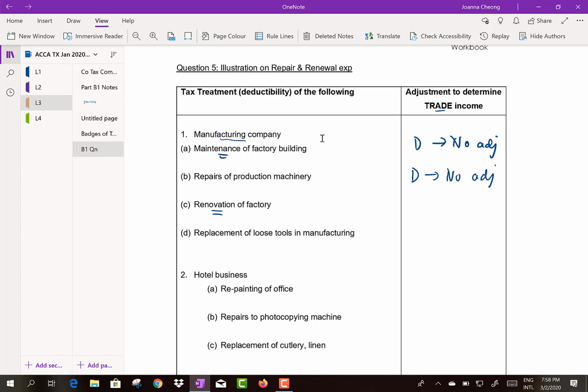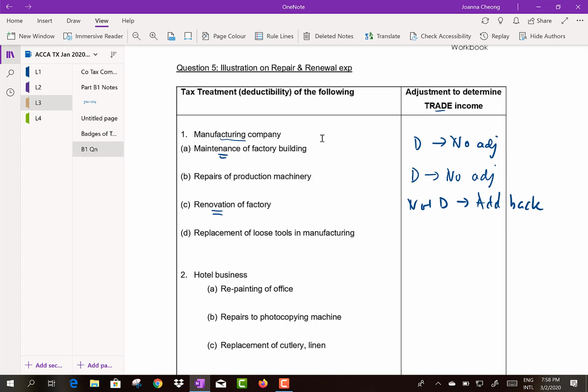Otherwise, you renovate for what? Alright or not? If there's no element of improvement, you will not want to spend money to renovate, right? So, as far as renovation is concerned, usually that comes with an element of improvement. So, it will not be deductible. It's capital in nature. So, if it's not deductible, what do we do? Add back. Thank you very much.